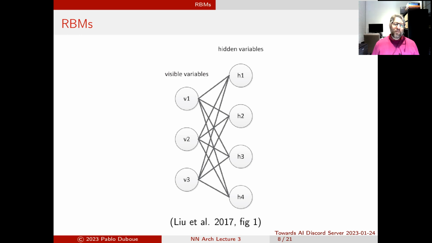The interesting thing about this device is what do we expect them to do? What we expect them to do is, again, we have certain data. We activate that data on the visible variables. And then we again have an energy function that we define, and we train the weights in the middle so that they minimize this energy.